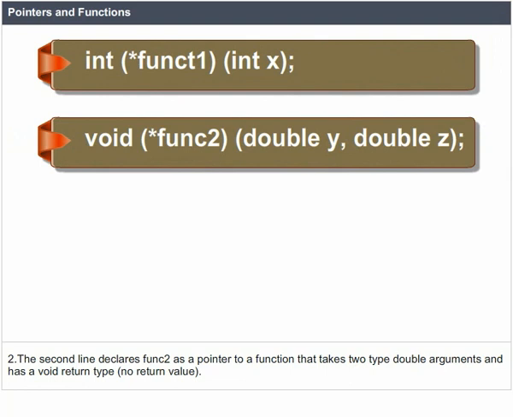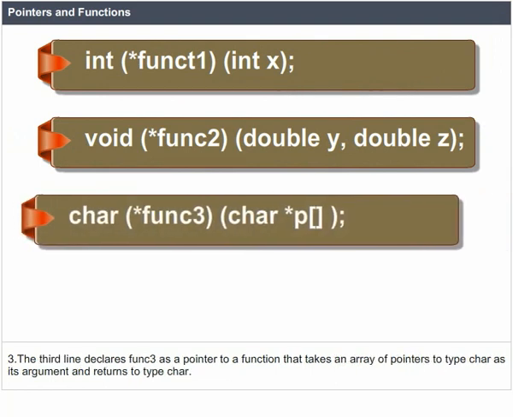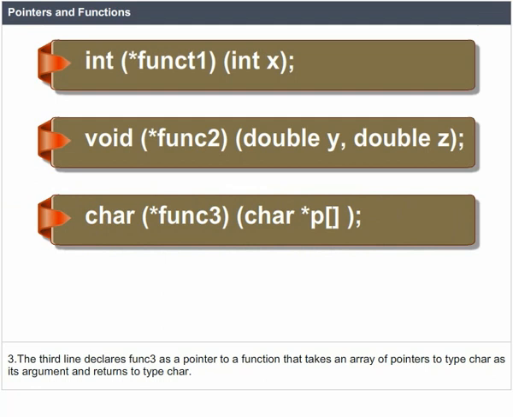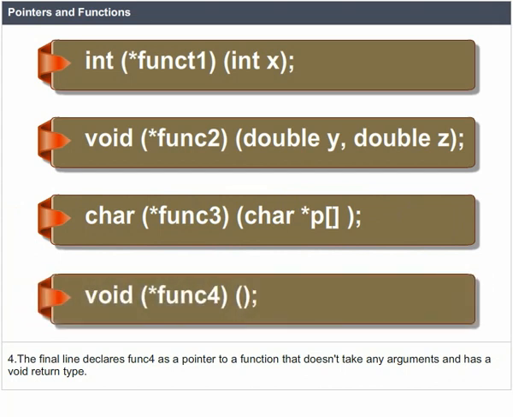The third line declares func3 as a pointer to a function that takes an array of pointers to type char as its argument and returns a type char. The final line declares func4 as a pointer to a function that doesn't take any arguments and has a void return type.